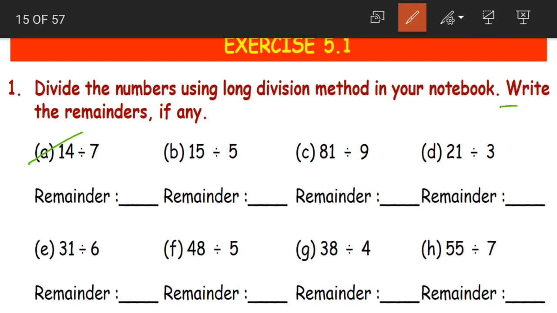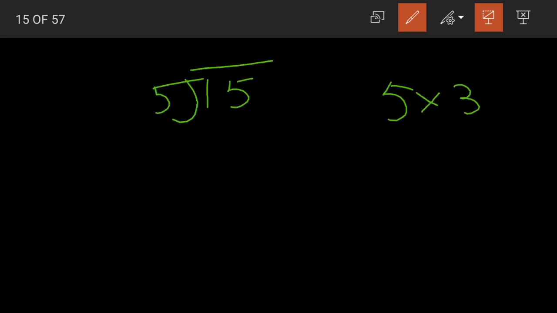So what are they asking us? Write the remainders if any. What did we get as our remainder? 0. And what was the quotient here? 2. Okay children, remainder is 0 and quotient is 2. Coming to question B, 15 divided by 5. Again we know that 5 threes are 15.